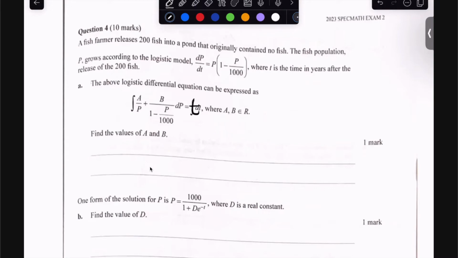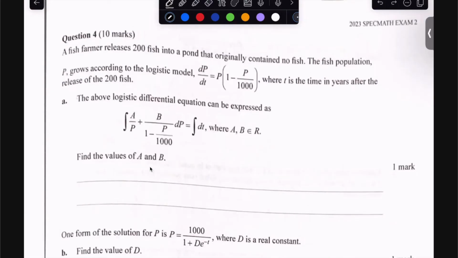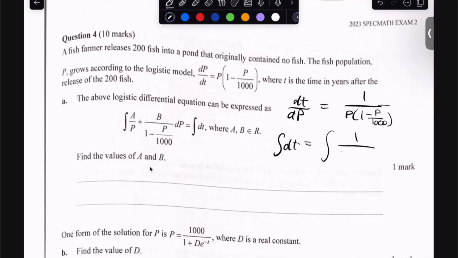Alright, so I feel like we could just do this by hand a bit. So dt over dp is equal to 1 over p times 1 minus p over 1000, right? That means the integral of dt is equal to the integral of 1 over p times 1 minus p on 1000 dp.